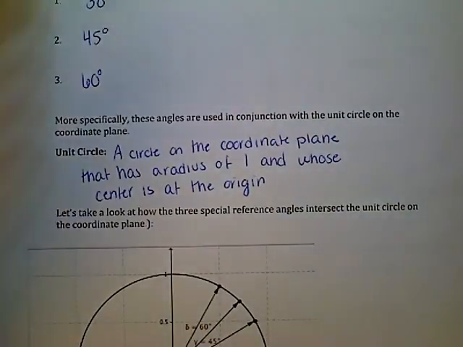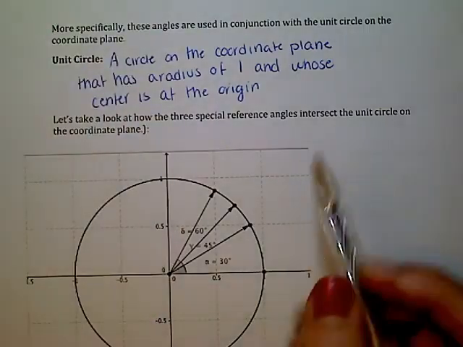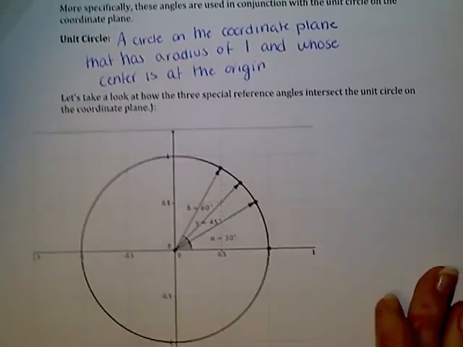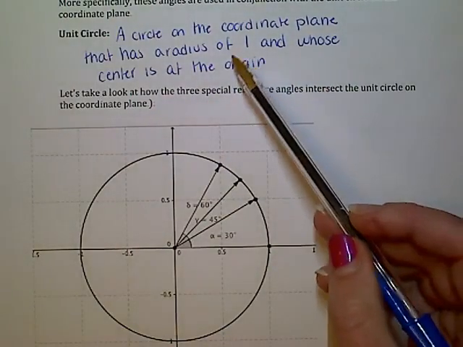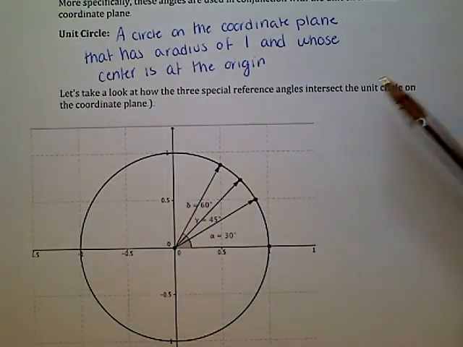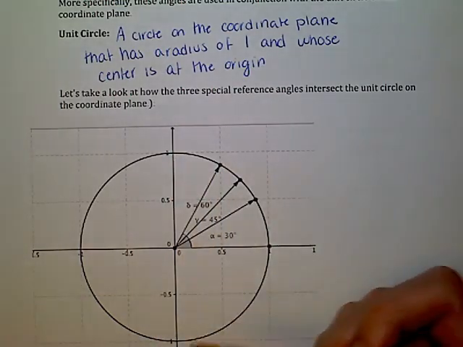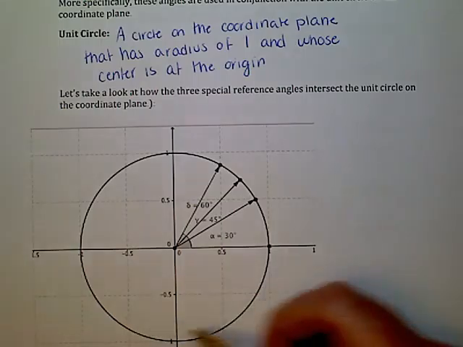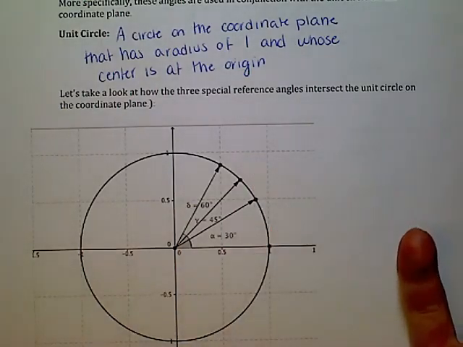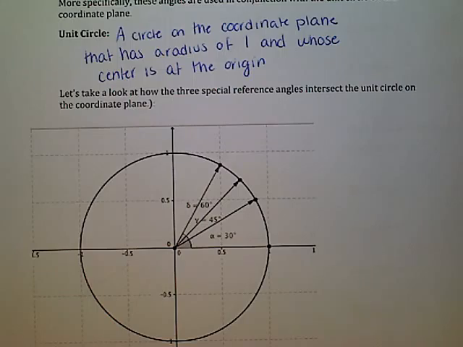And I actually have a picture below that sort of is merging these two ideas about a unit circle. So you can see that this circle, it's called a unit circle, by the way, because the radius is 1 unit, whether we're talking about a foot, an inch, a centimeter. If you have a circle that has a radius of 1, it's called a unit circle. And you can see that this circle that is drawn here, it has a radius of 1, and its center is at the origin.